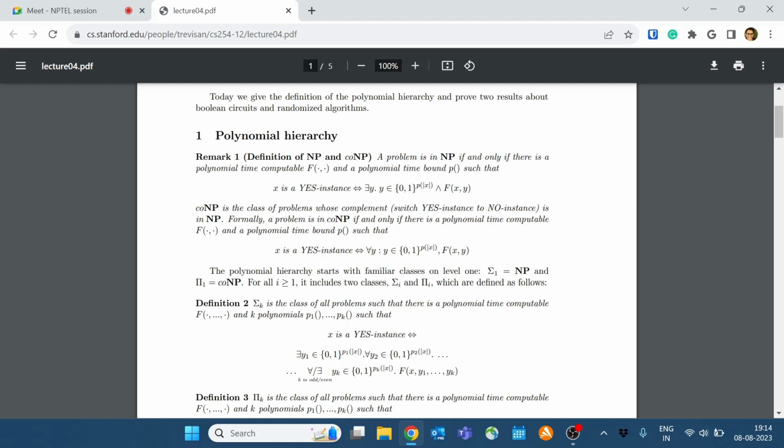Even before I go to co-NP, is it clear for NP why we need to consider both yes and no instances? Because that was the doubt, right? Yes, this is very much clear this time. We forgot that because we got lost in this formalism. Now let me write for co-NP.